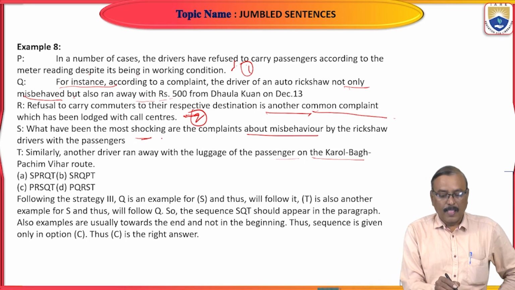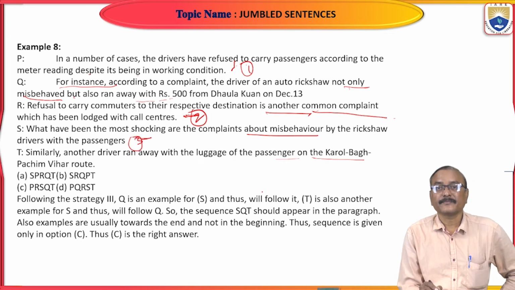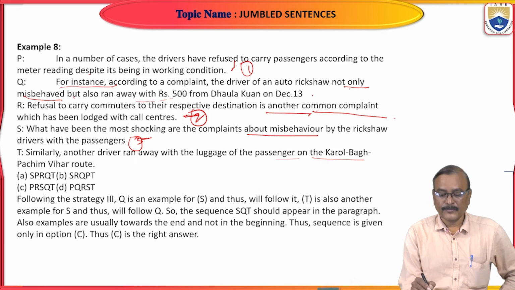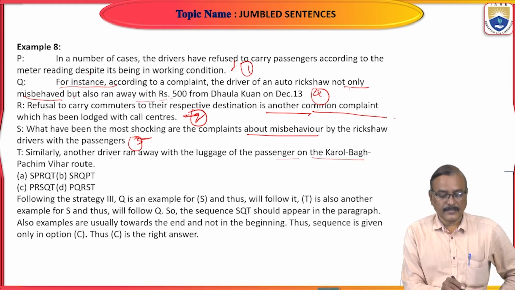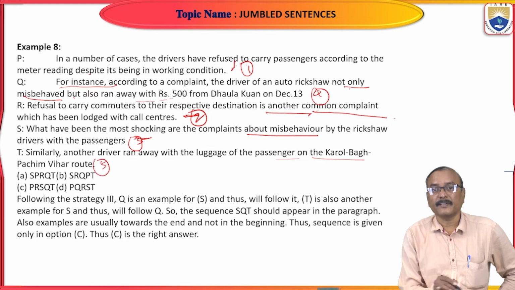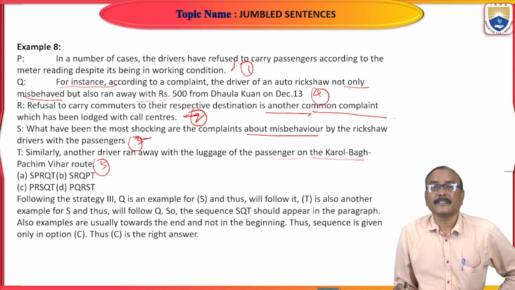Next, S is the third one. Right? And Q should be the fourth one. Is it clear? Then similarly, this should be the fifth one. So what is the answer here?